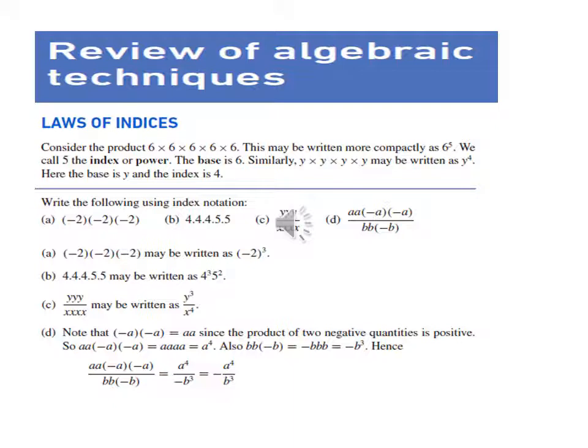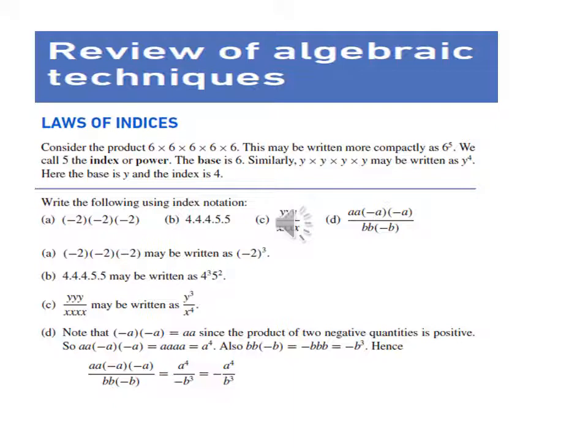We call the 5 the index or power. The base is 6. Similarly, y multiplied by y multiplied by y multiplied by y may be written as y to the power 4. Here, the base is y and the index is 4, or the power is 4.